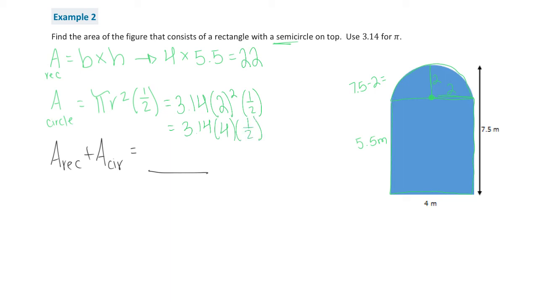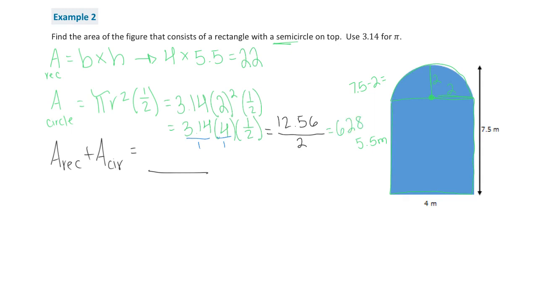Okay, now to solve for our total, what is 3.14 times 4 times 1? And that is going to give us 12.56 over 1 times 1 times 2, which is going to give us 2. Go ahead with your calculator and divide 12.56 by 2. And that is going to give us a total for our semicircle, 6.28.